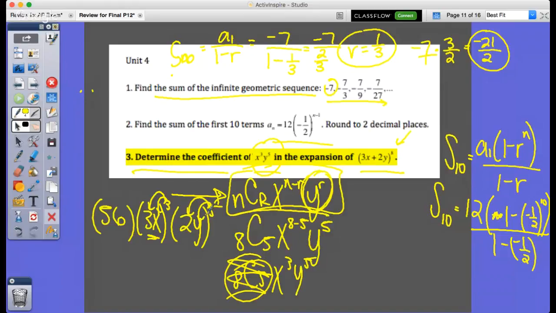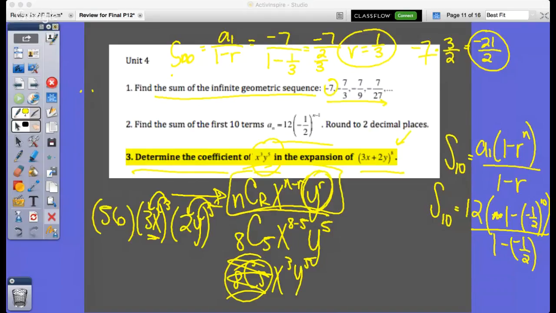That's strictly the 8C5 here. That's straight from my calculator. When I plug that in, I go to the math button, go to probability, down to nCr, and then plug those in, 8 and 5. Then you got 56.